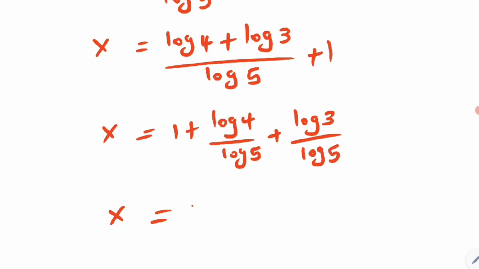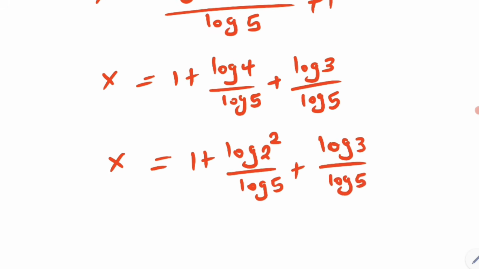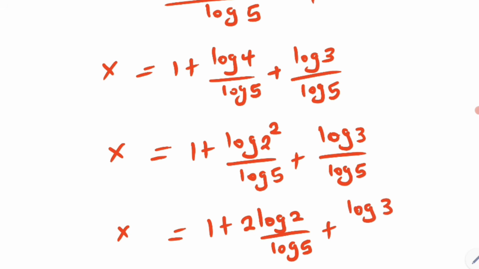s is equal to 1 plus log 4, which can be written as log 2 square, over log 5 plus log 3 over log 5. s is equal to 1 plus 2 log 2 over log 5 plus log 3 over log 5.